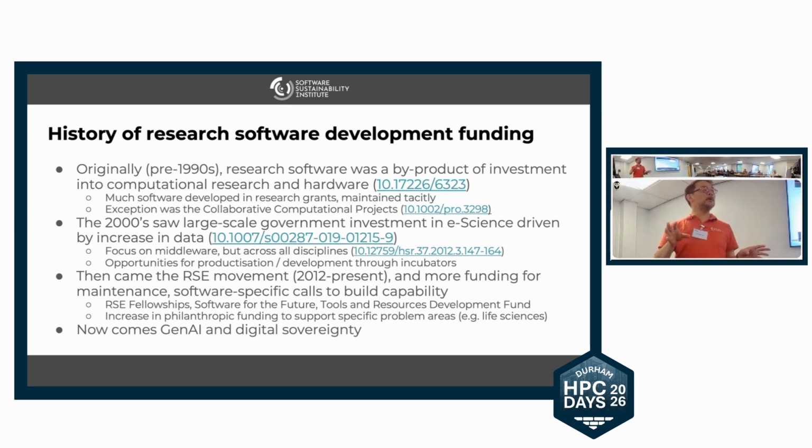In the 2000s, driven both by the rise in data, a difference in the way that government strategy was set out, and I think broadly an international feeling that there needed to be more investment in computation and data science, we saw lots of investment through things like the eScience program, the cyber infrastructure programs, and so on, that were looking at the middleware.